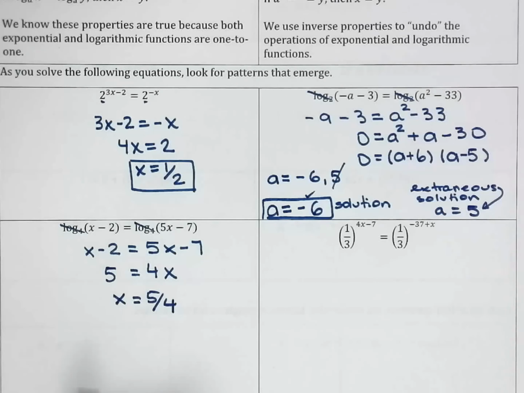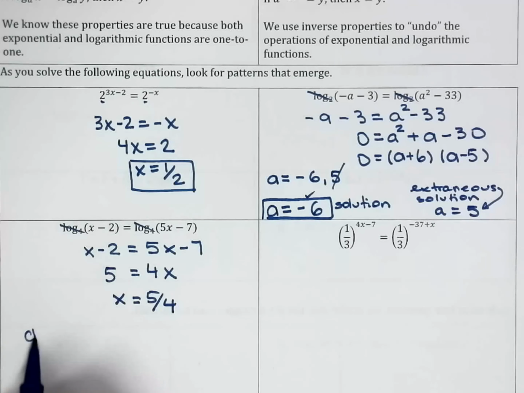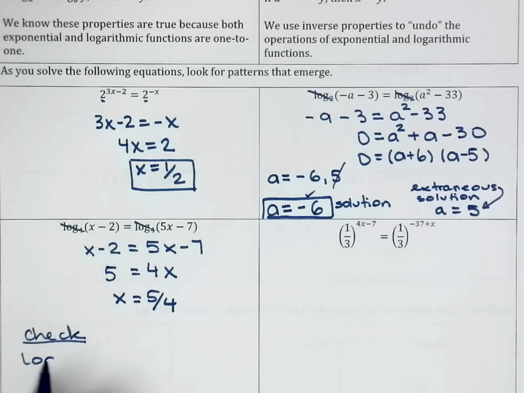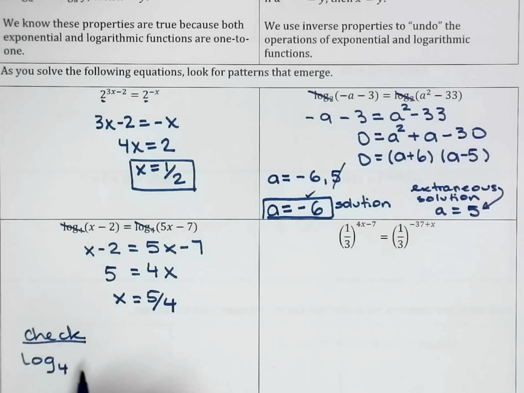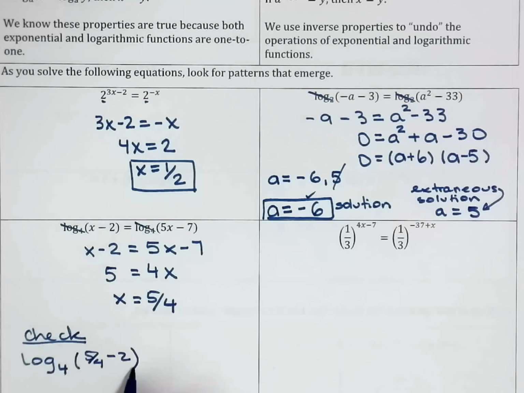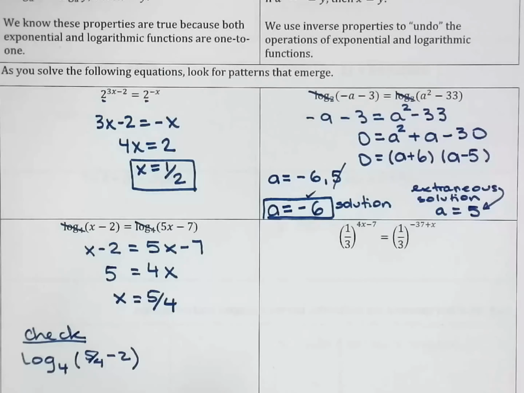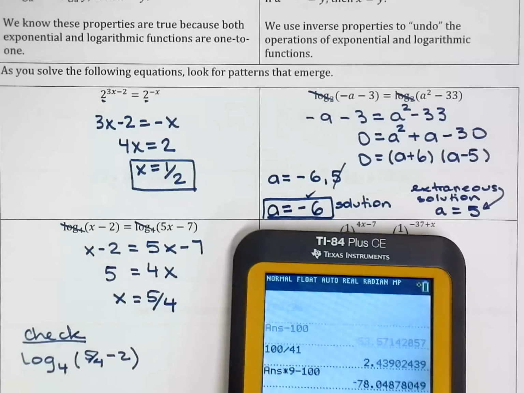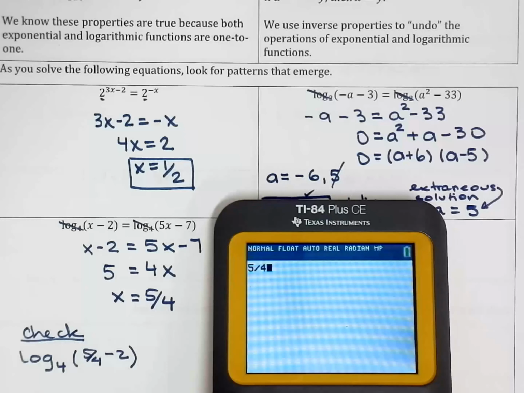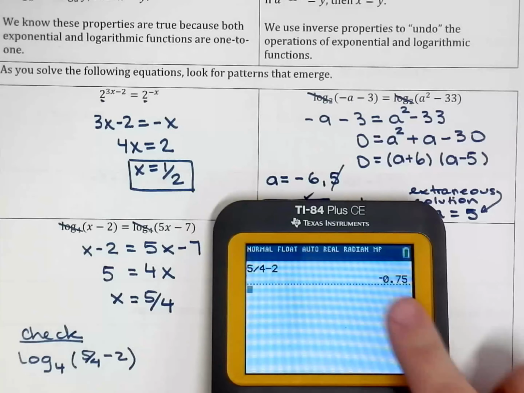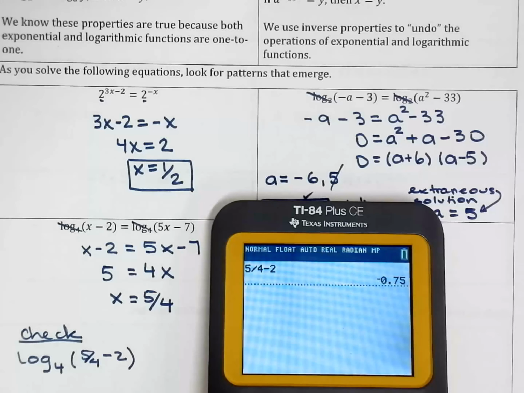Now a quick check. I have log base 4 of 5 over 4 minus 2. Well, when I plug in that 5 over 4 minus 2, it's going to give you a negative argument.